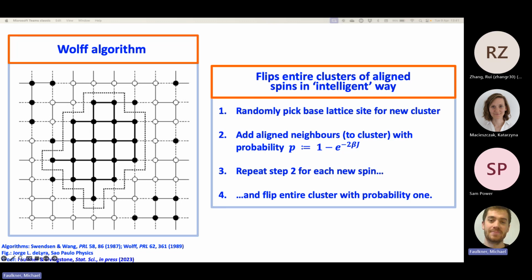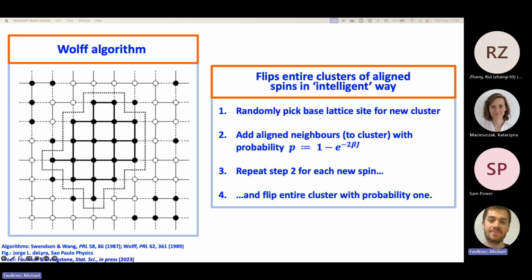You then repeat step 2 for each new spin until you stop adding spins to the cluster. So you might start here and add these 4, and then you ask whether those neighbors should be added, and so on. And then once you've finished creating a cluster, you flip this entire cluster with probability 1.